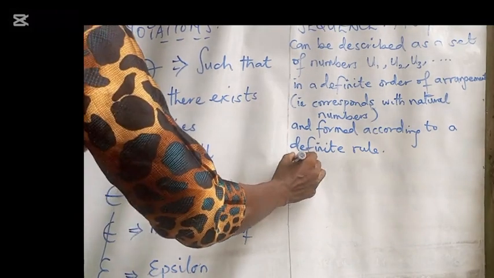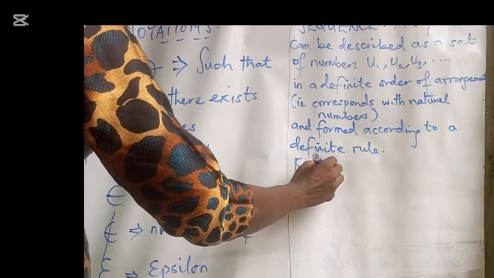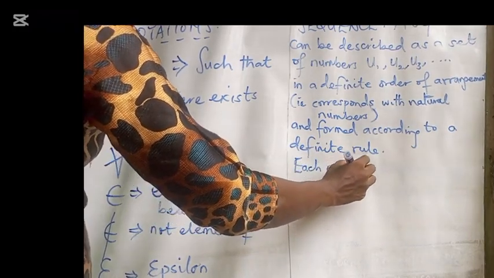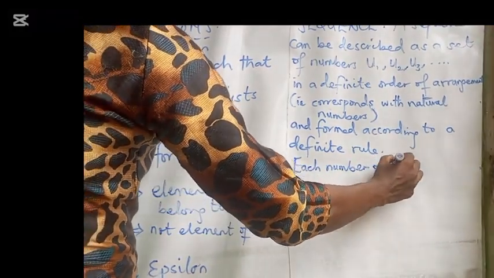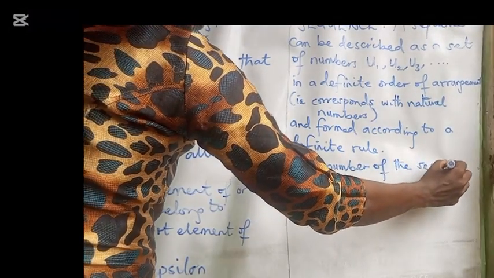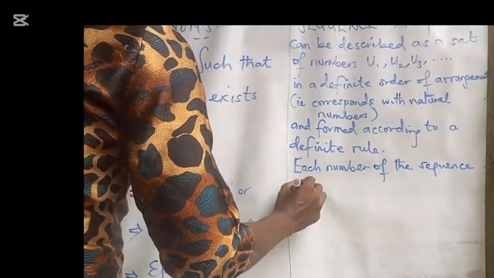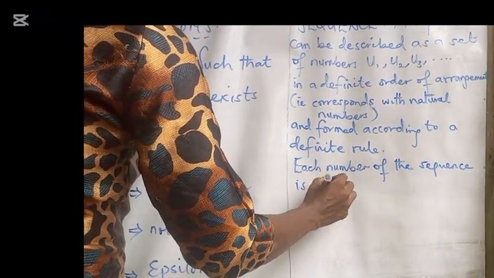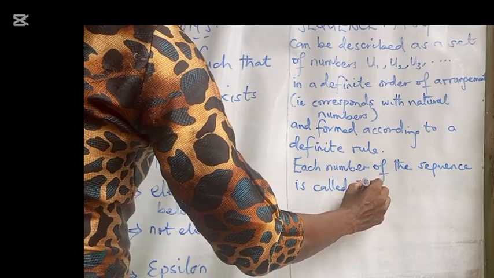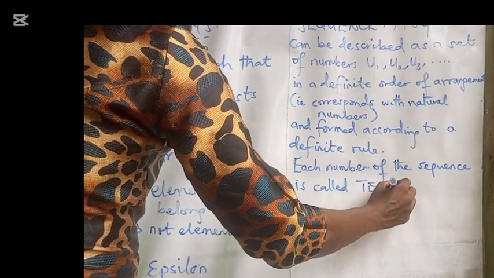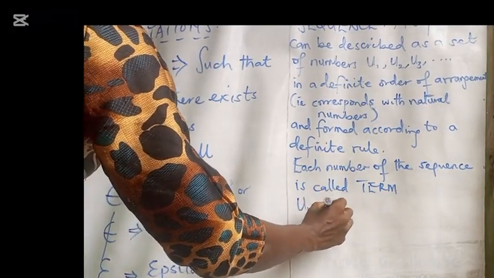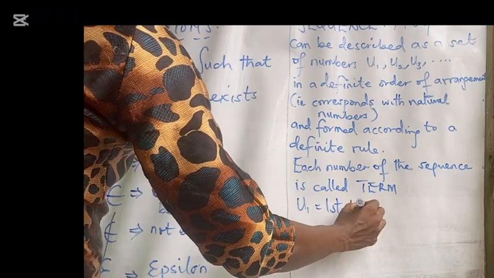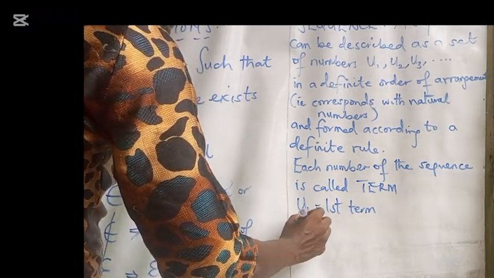Each number in the sequence or of the sequence, each number of the sequence is called or referred to as the term of the sequence. So my u1 now is the first term.